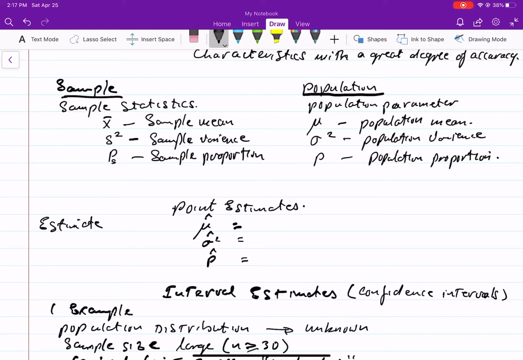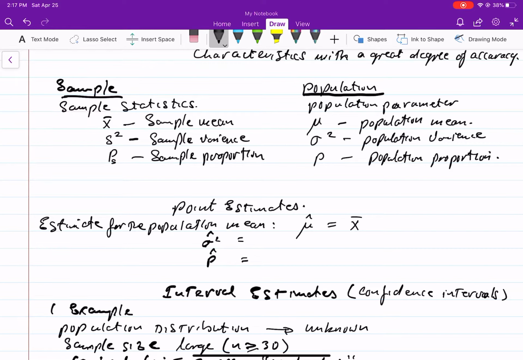An estimate for the population mean. Let me move this out of the way. The estimate for the population mean is given by the symbol mu hat. And how do we estimate the population mean? We use the sample mean as an estimate.